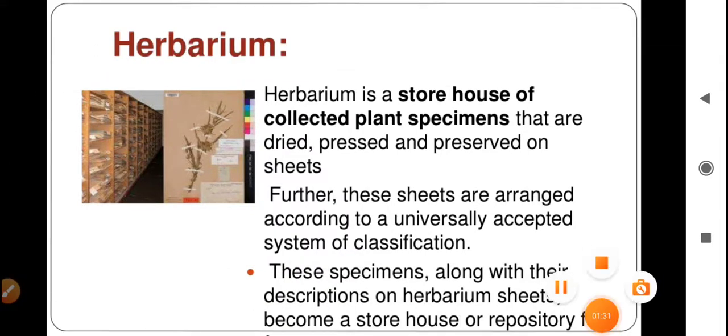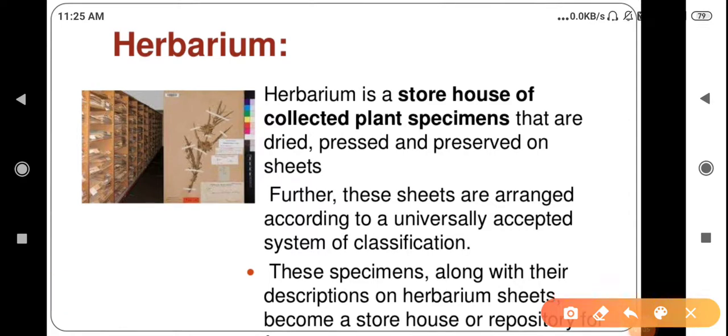You can see here, this is the sheet and the plant specimen is tied here with the help of tape. This sheet also has a particular dimension according to the norms and rules of the herbarium.